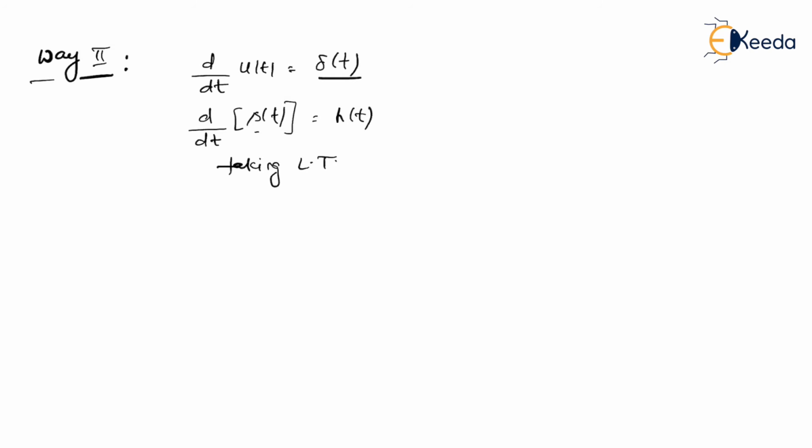So after having Laplace transform for s of t, I can write this as S of s, which is equal to H of s. So first of all, what was s of t? S of t was given. So it is nothing but a Laplace transform for s of t, which is S of s.